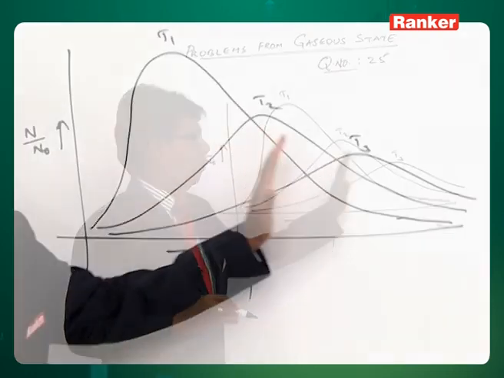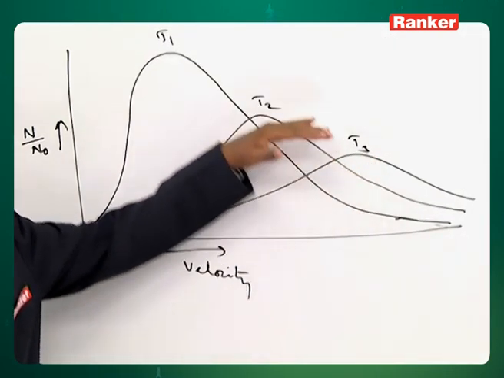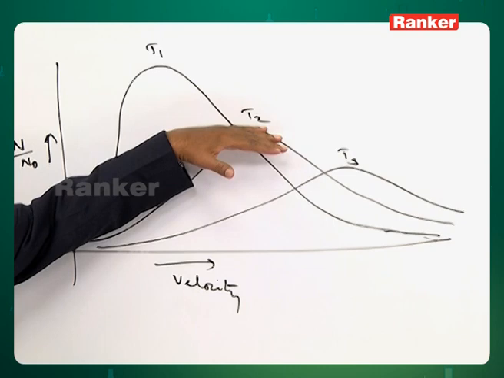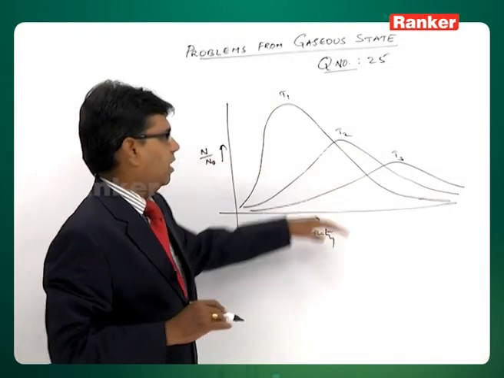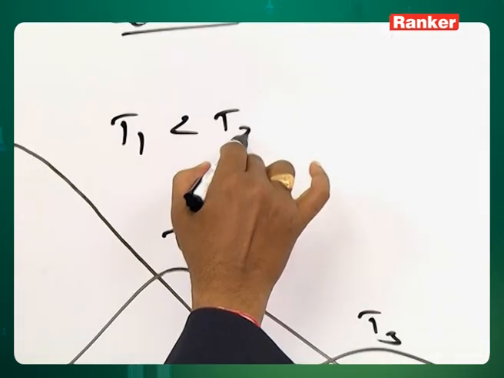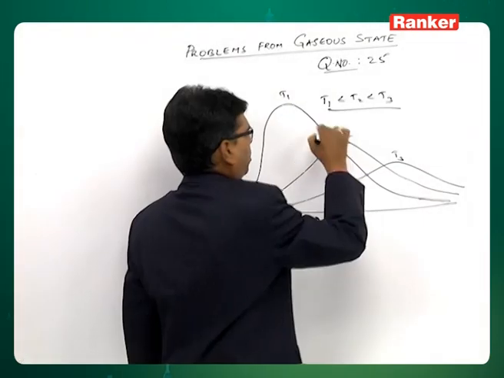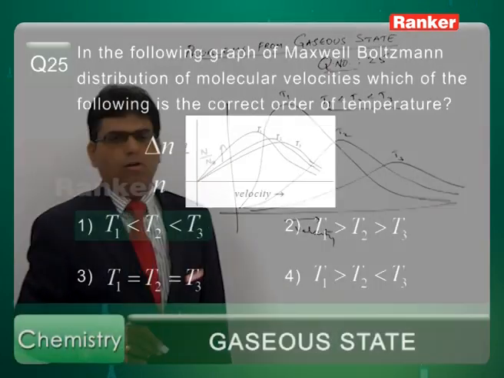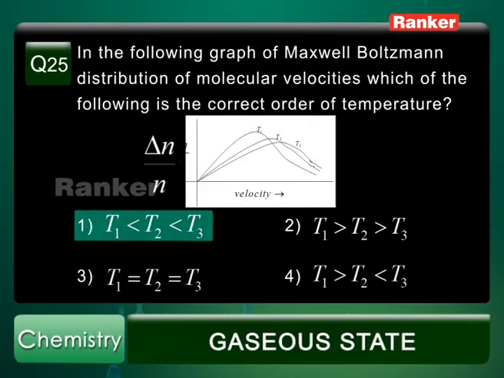So the peak will shift towards the right, but the height of the peak will get reduced. So the answer is T1 less than T2 less than T3. These are the three different temperatures at which it is drawn. So the correct answer is option 1.